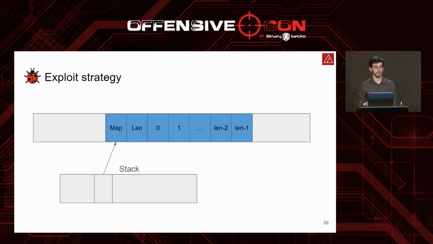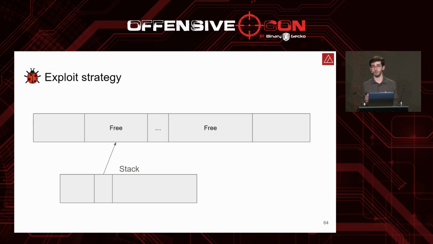So with that, I will now walk through the exploit strategy that we used. Initially, we have a pointer on the stack that's pointing to an element array. The element array gets left trimmed a few times. And so now the pointer points to a bunch of filler objects. The filler objects are marked because they're referenced from the stack, but because they have this special property that we just talked about, they still get freed.